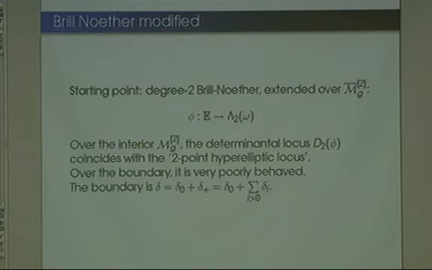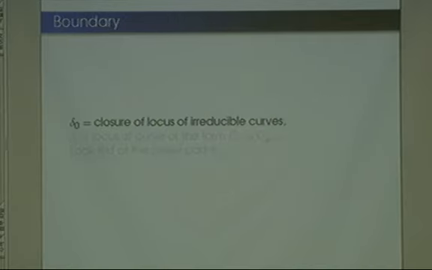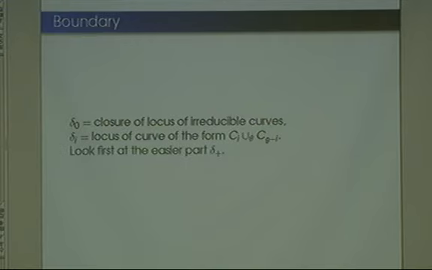Now, the boundary breaks up as the delta 0 part and delta i, where delta 0 is the closure of the locus of irreducible one-nodal curves, and delta i is the locus of curves of the form curve of genus i union curve of genus g minus i, meeting at a point. And let's look first at the easy part, this delta i.